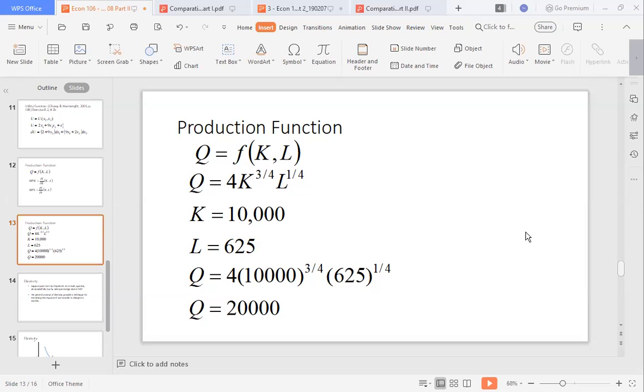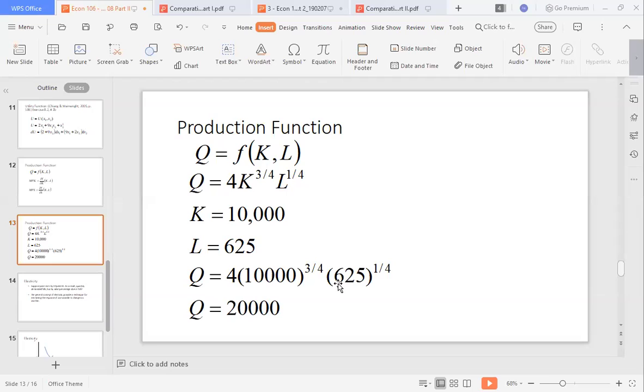All right. Now, again, do we have a question, class, on what these figures mean? Do we have a question? How did we arrive at 20,000 and not 15,000? None? All right. So if you're confronted with this problem and you're asked initially what is the output for Q, all you have to do is substitute.